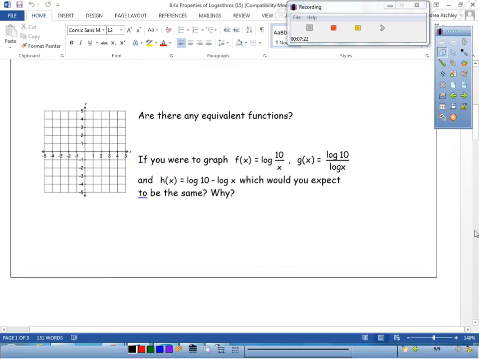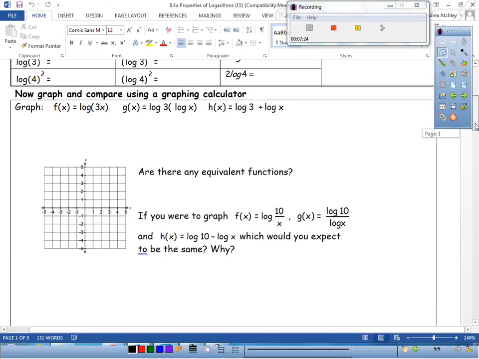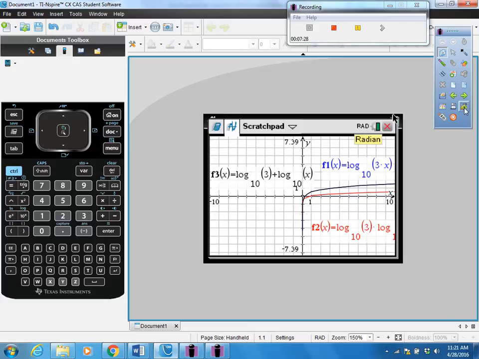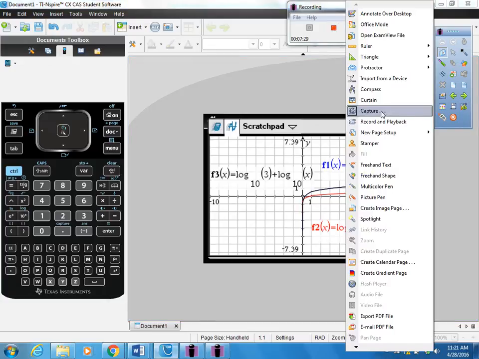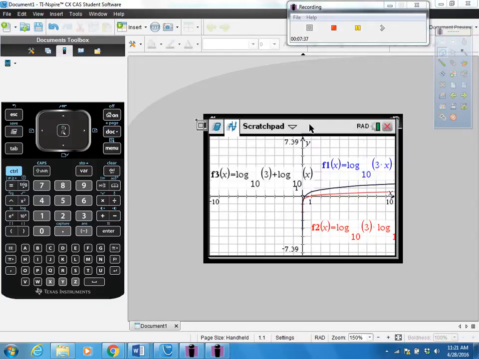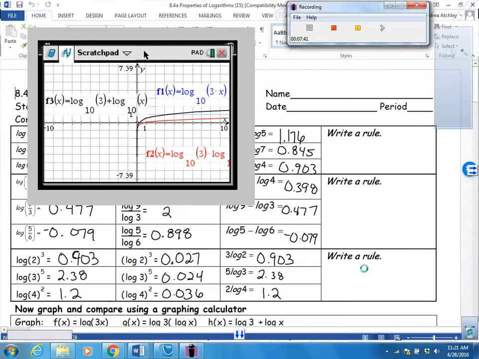Then if we look at the graphs, let's try that again.